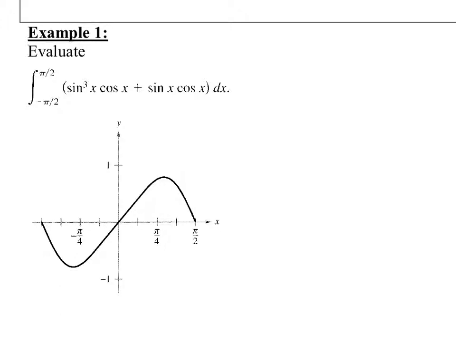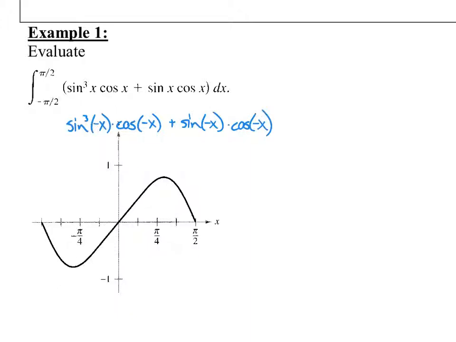I mean, we can see the graph here, all right? But let's double check. Let's say we aren't given the graph. If I plug in sine cubed of negative x times cosine of negative x plus sine of negative x times cosine of negative x, okay?